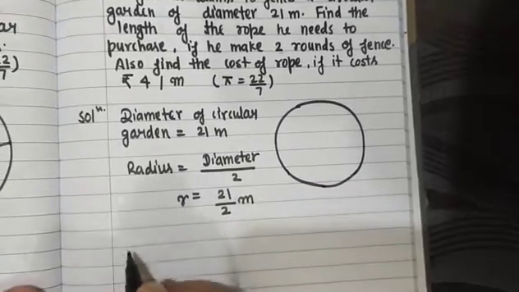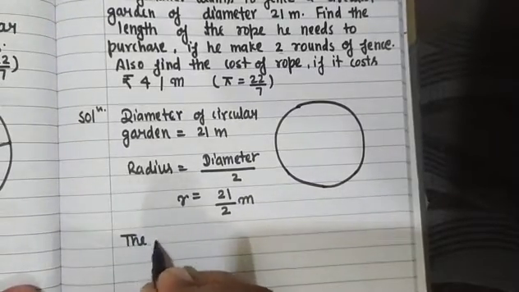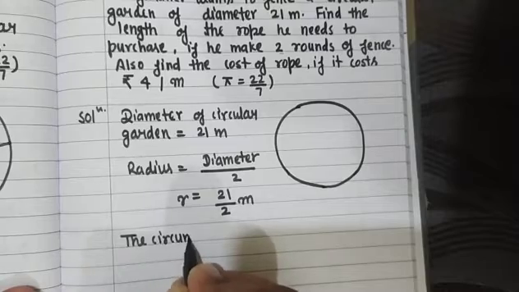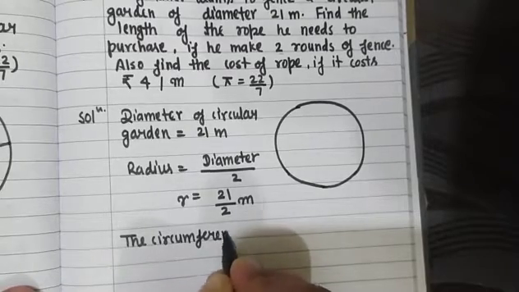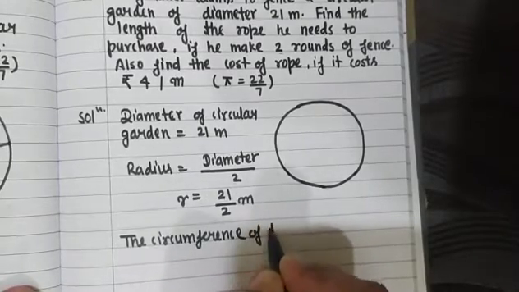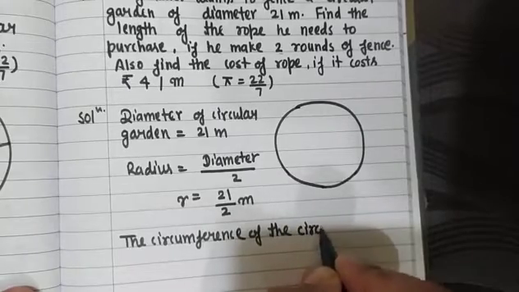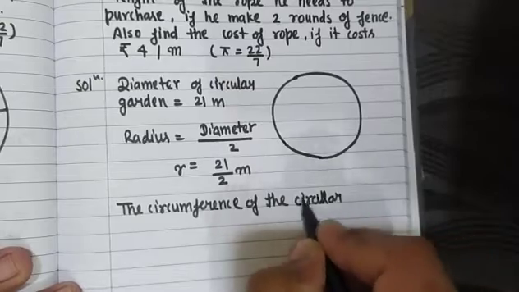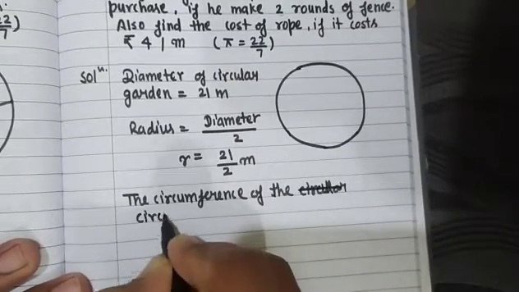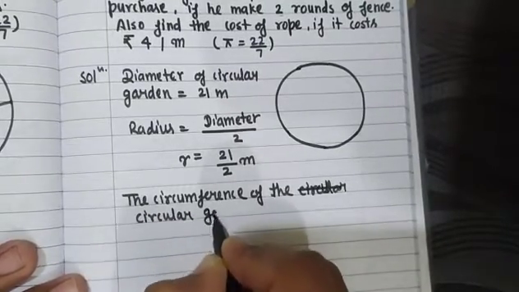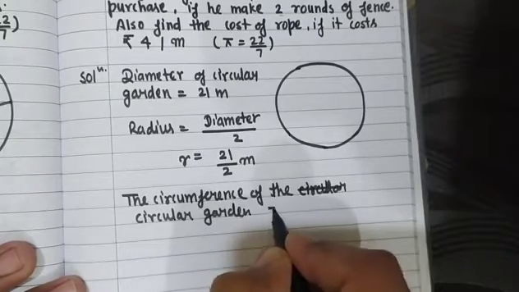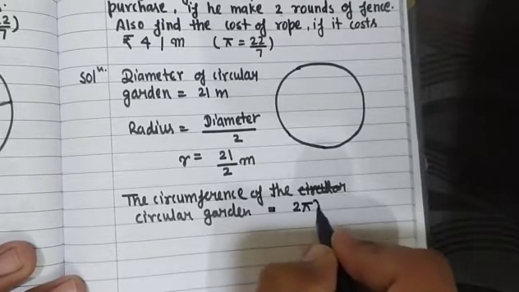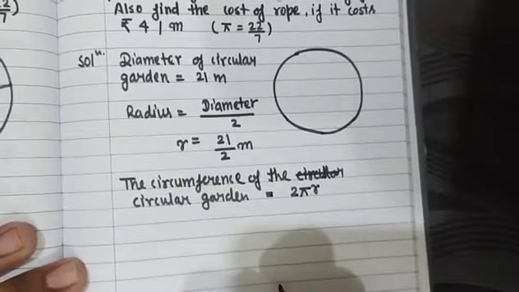Now the circumference of the circular garden will be equal to 2 pi r. This is the formula for the circumference of a circle.